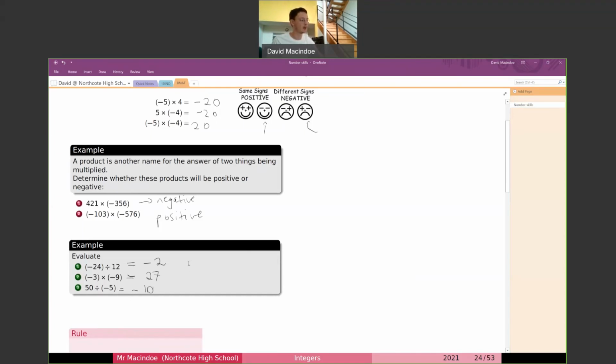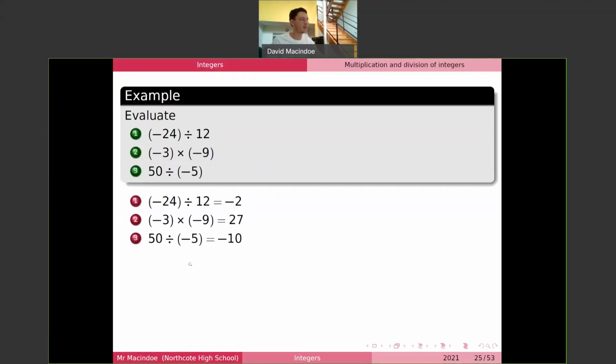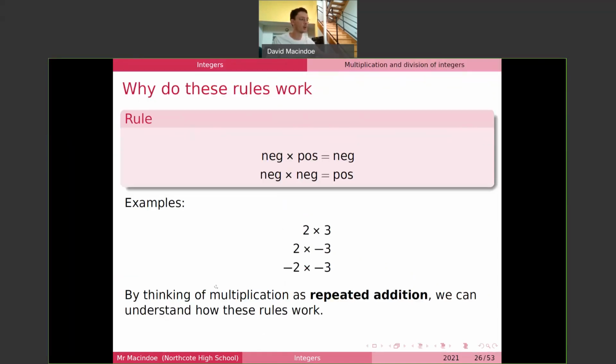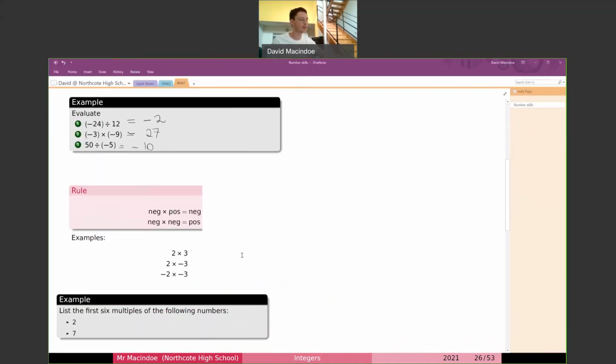Cool. All right, let's talk a bit about where this comes from. One way to make it make sense is if you think of multiplication as repeated addition, then this starts to make sense. What do I mean by repeated addition? 2 times 3, you could think of as this multiplication telling you to add 3 together twice.